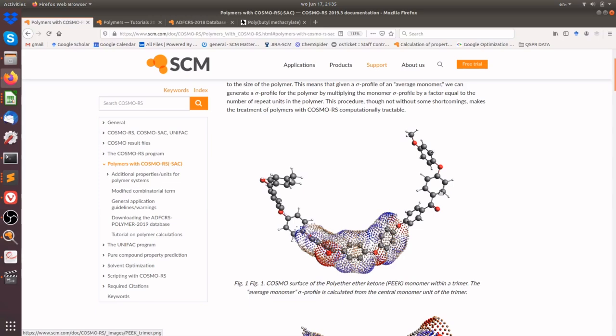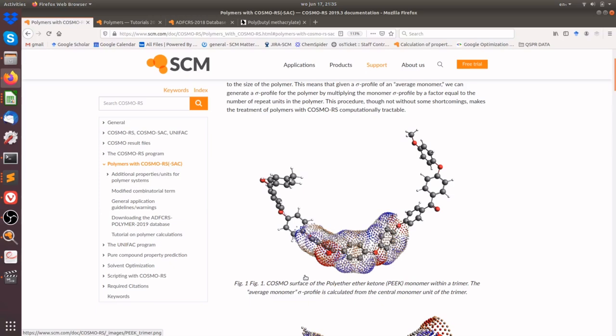So we think this is a very reasonable approximation for polymers in COSMO-RS, and the sigma profile of an entire polymer is simply a function of the sigma profile generated from the surface charges of this central monomer unit, essentially just scaled according to the molecular weight of the polymer you're interested in. So if it were a 100 repeat unit polymer, you would essentially just take the sigma profile generated from these points and scale that by 100.